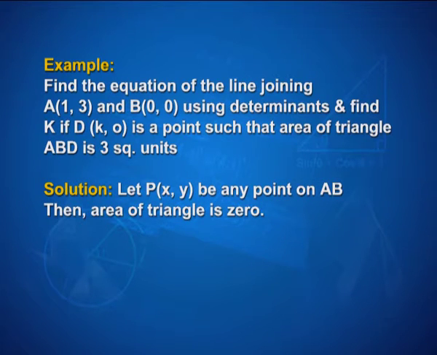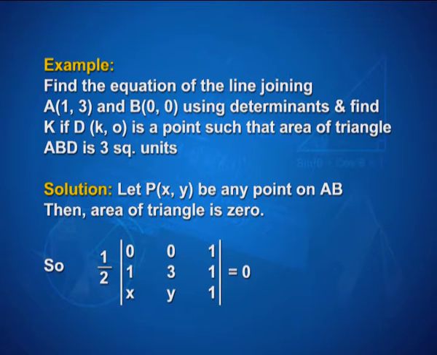For the solution, let P (x, y) be any point on AB, then area of triangle is 0, because if the points are collinear, the area has to be 0.